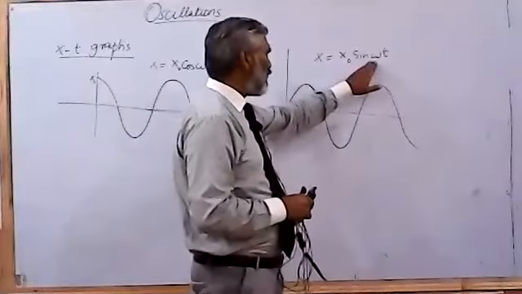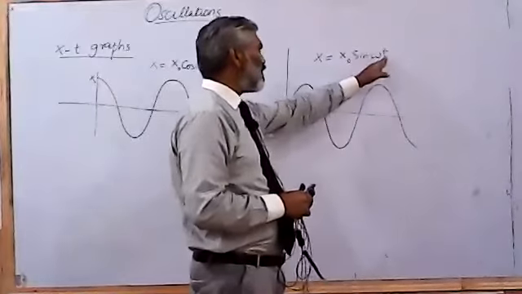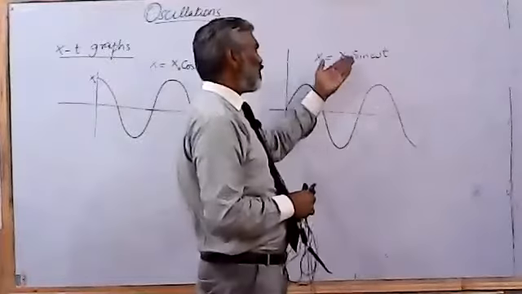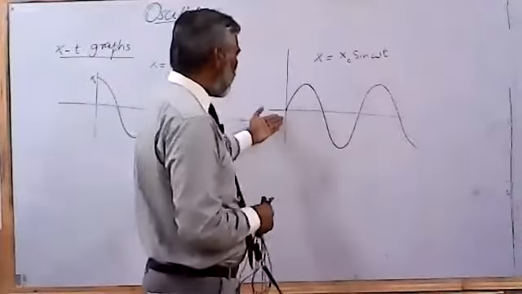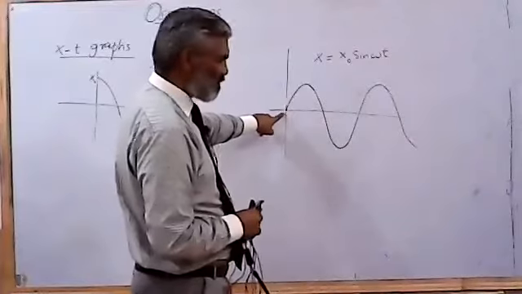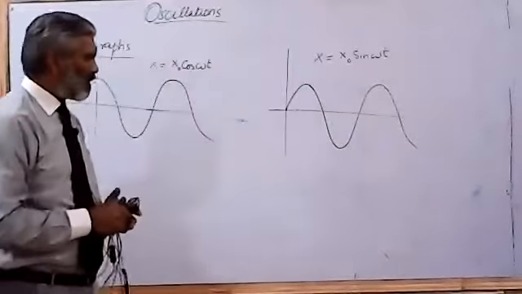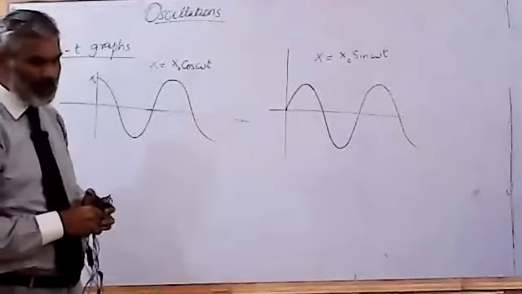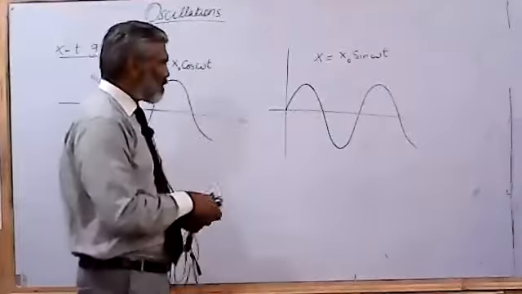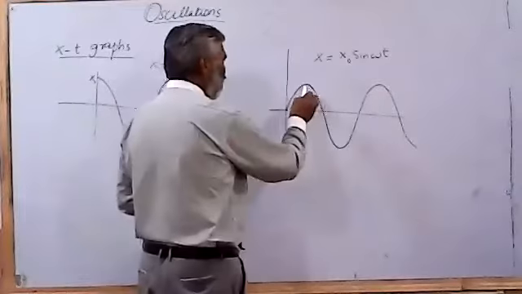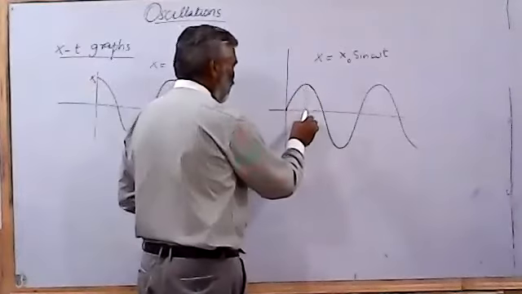Sine omega t, if it is 0 initially, because t 0 makes omega t 0, which means angle 0, which means sine 0 is equal to 0. That means initial value of x must be 0. That means when we started our observation, the object was at the mean position, and then as the time goes on, the value of angle goes on changing.